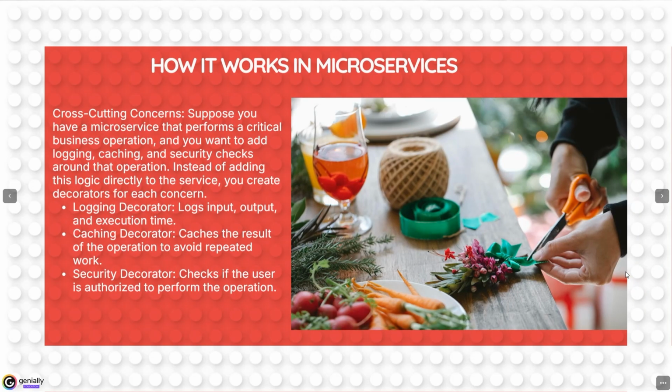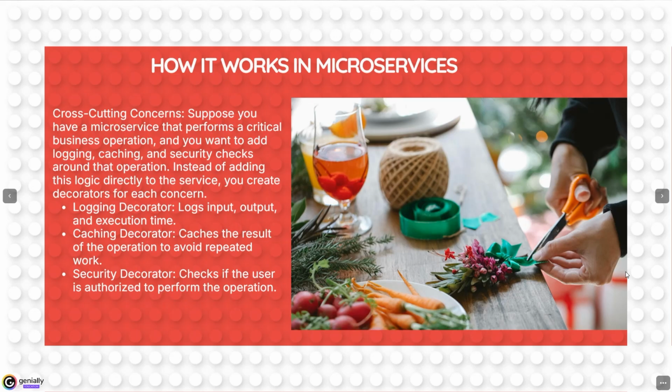Let's see how it works in microservices. First, cross-cutting concerns. Suppose you have a microservice that performs a critical business operation and you want to add logging, caching, and security checks around that operation. Instead of adding this logic directly to the service, you create decorators for each concern.